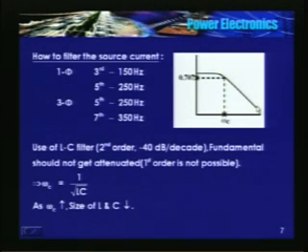In a single phase system, the predominant harmonic is the third, so the frequency of the third harmonic is 150 hertz, next is the fifth, 250 hertz, whereas in a 3 phase system I have the fifth and the seventh. These are the two major ones; afterwards the 11th and 13th are at higher frequencies. So in a 3 phase case I need to filter a 250 hertz harmonic and a 350 hertz harmonic.